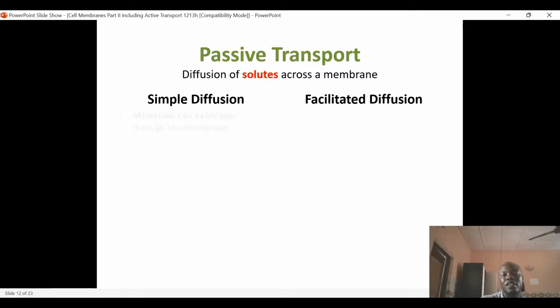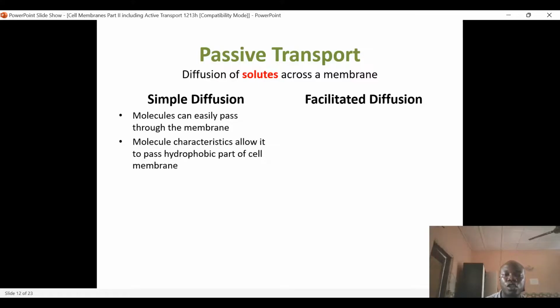Now, what are the differences between simple diffusion and facilitated diffusion? In simple diffusion, molecules can easily pass through the cell membrane, and the molecules' characteristics allow them to pass the hydrophobic fat of the cell membrane. Diffusion moves molecules from the region of higher to lower concentration. In facilitated diffusion, the molecules have to pass through membrane proteins to cross the membrane, because their characteristics do not allow them to pass through the hydrophobic fat of the cell membrane.